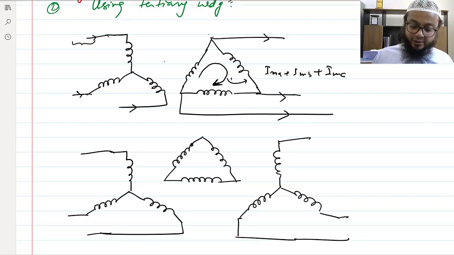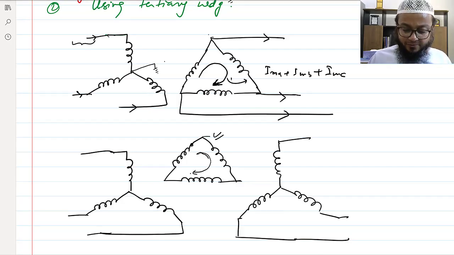That current also flows through the tertiary winding. So instead of dumping this entire current in the ground, it is forced into this tertiary winding, and this tertiary winding is used for auxiliary supplies within the substation as well. This is one technique if I want to use the star connected transformer. Otherwise, mostly the transformer used is star delta or delta star.